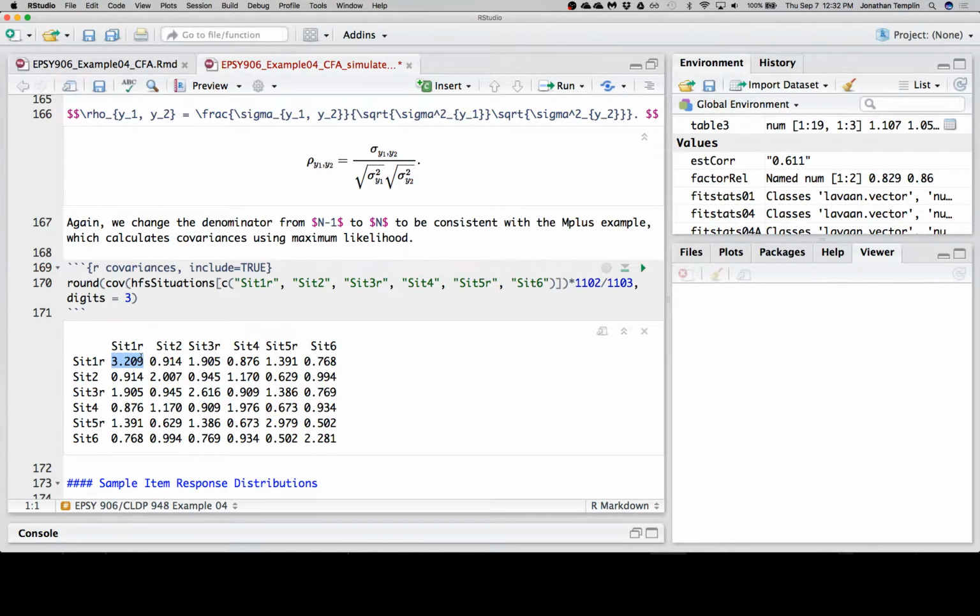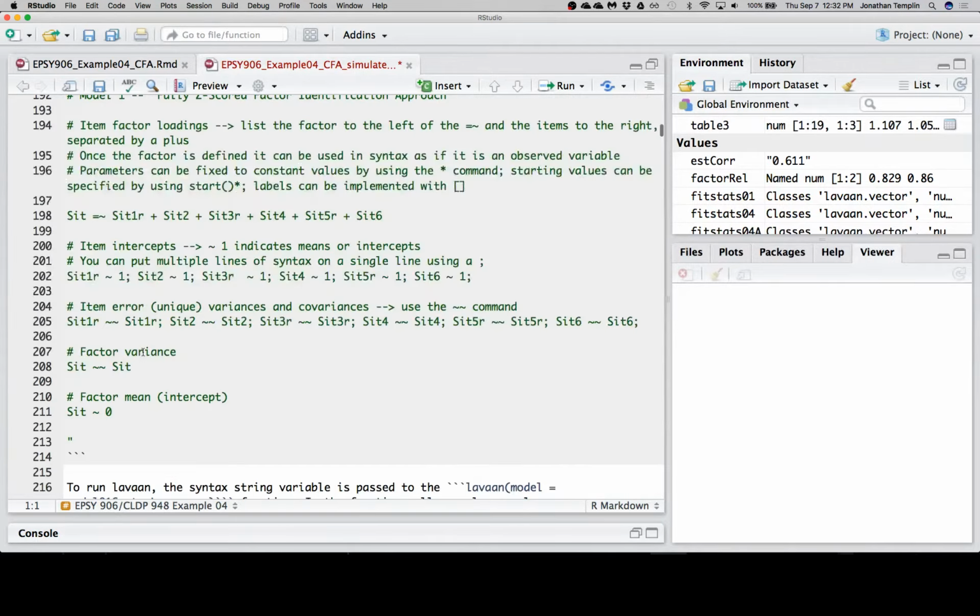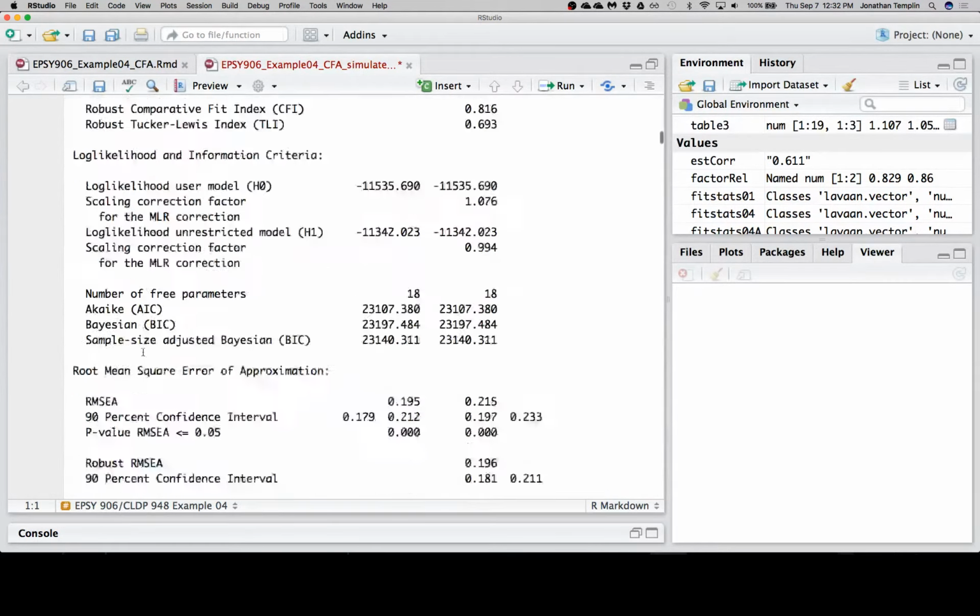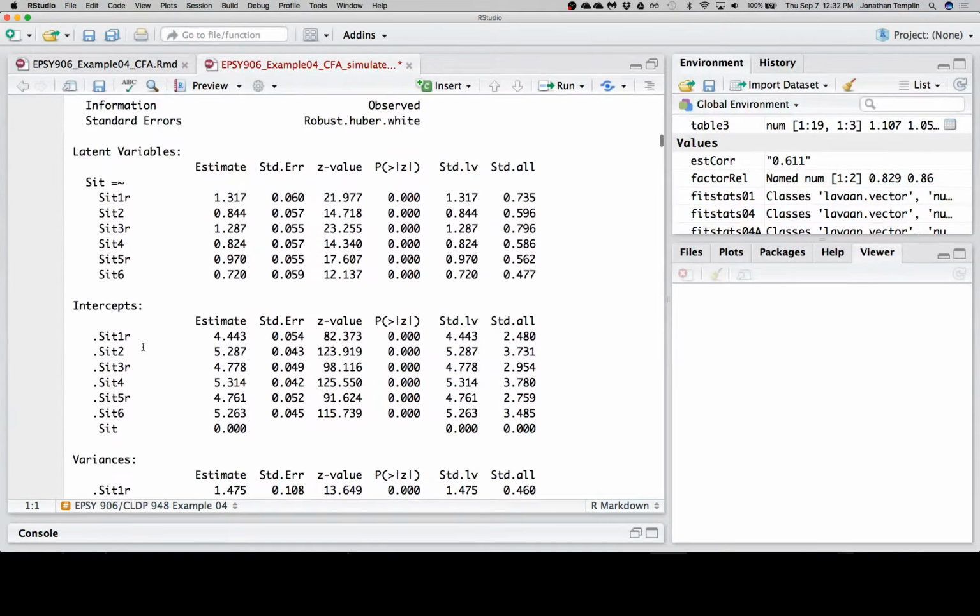Okay, so once again, everything in the estimate column is the unstandardized, and this is highly susceptible to the variance of the item, and depending on how you've estimated the variance of the factor. Right? So if I run this analysis this way with the standardized factor, and there's other ways of doing it, we don't have to do a standardized factor.